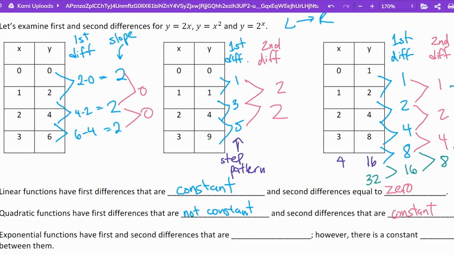So first of all, we need to label these functions. We said this one is linear. This one is quadratic. And this one is exponential.